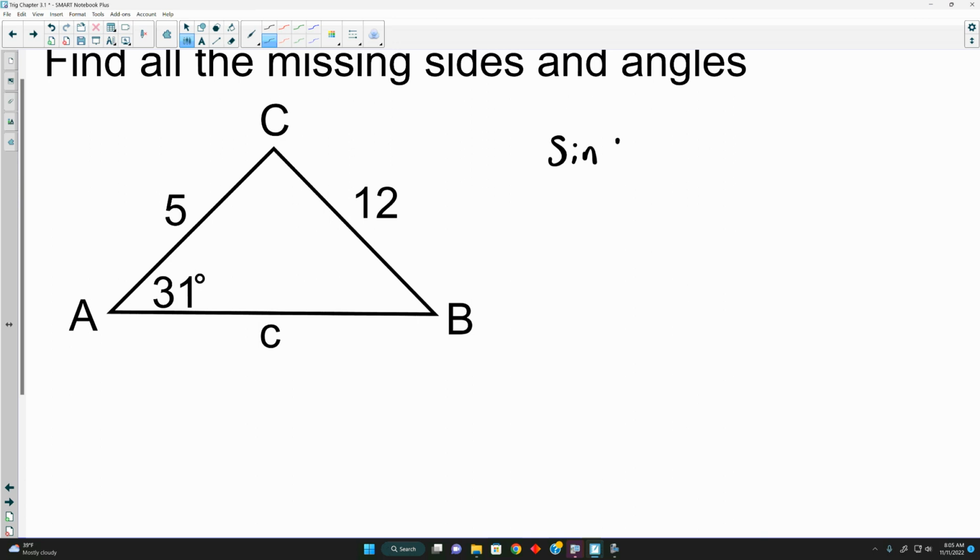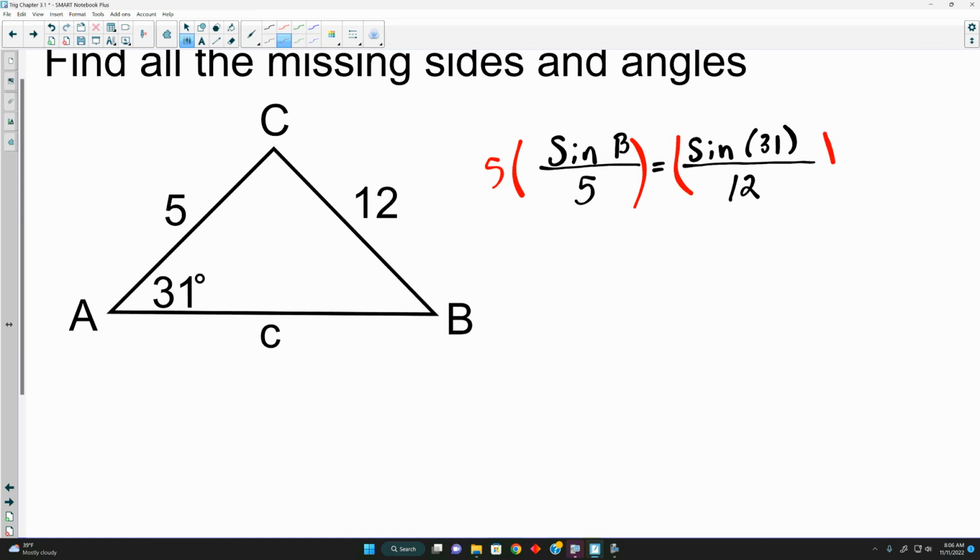To do that, we're going to use sine of B over side length B is equal to sine of A over side length A. Well, the first thing we're going to do is multiply both sides by 5, telling us that sine of B is equal to 5 times sine of 31 over 12.